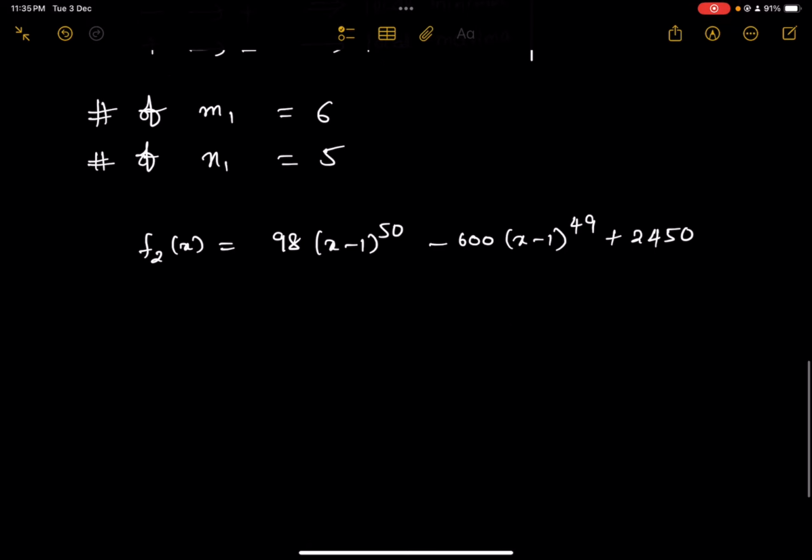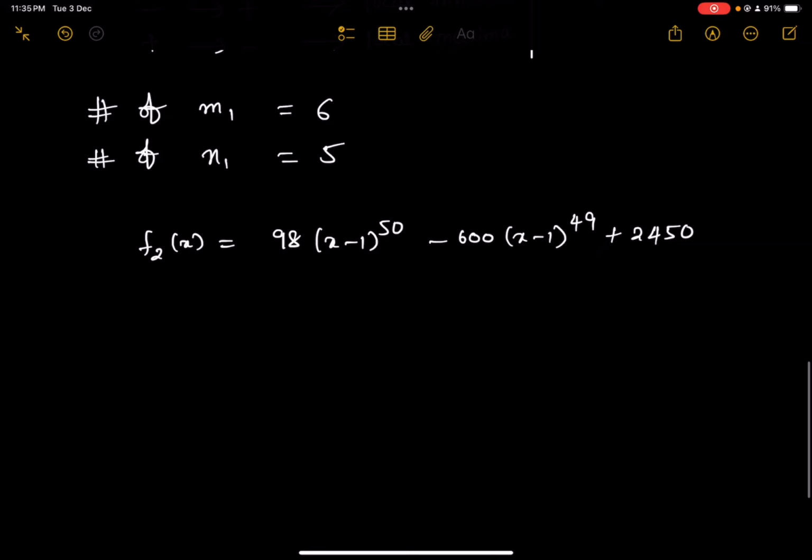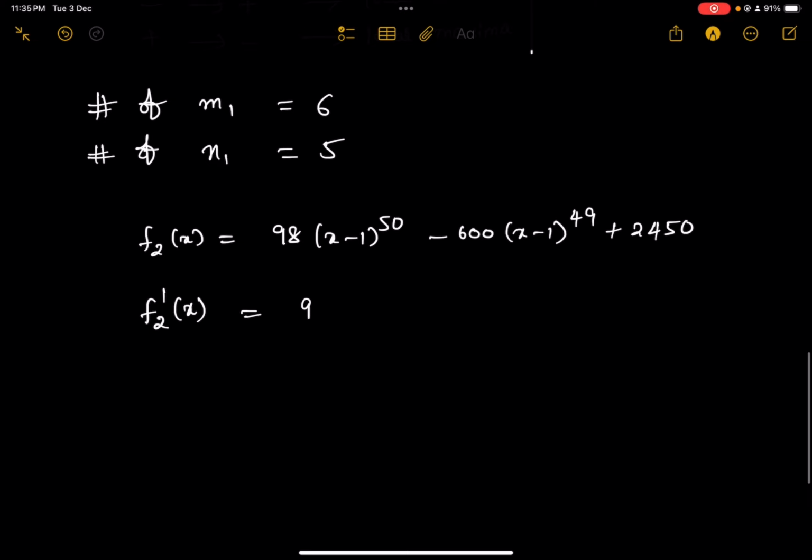So similarly, to find the point at which minima and maxima occur, we have to find the derivative. So this will be 98 times 50 into (x minus 1) whole power 49 minus 600 times 49 into (x minus 1) whole power 48, and the derivative of this part will be 0.